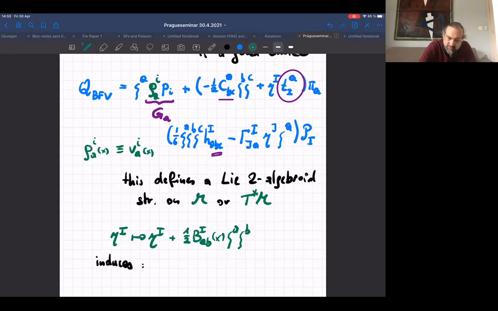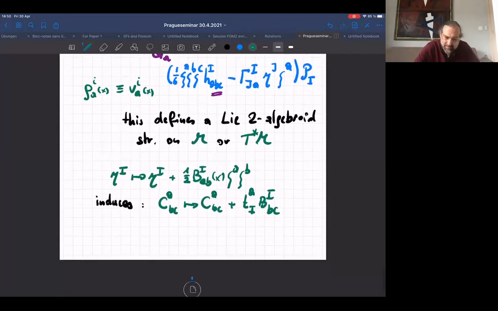The structure functions change as follows. So the C^A_BC go to C^A_BC plus or minus, I don't know, T^A_I, B^I_BC. Okay, and that is also something important to observe.